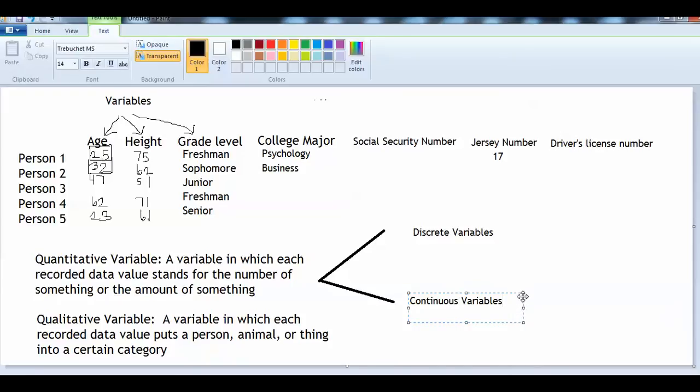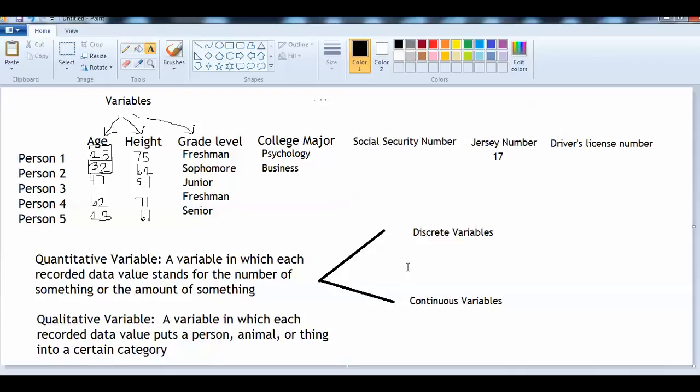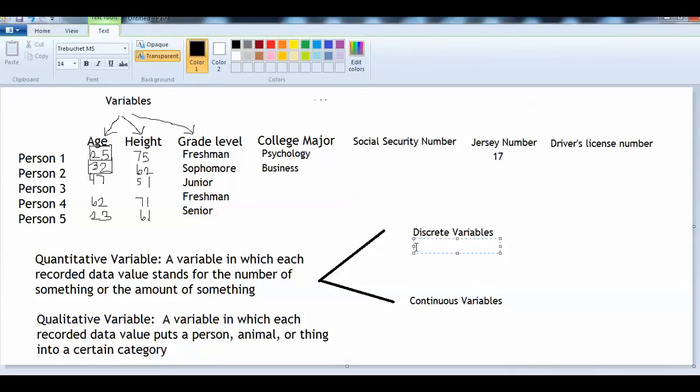So what's a discrete variable? It's a variable in which there are gaps between the possible data values.